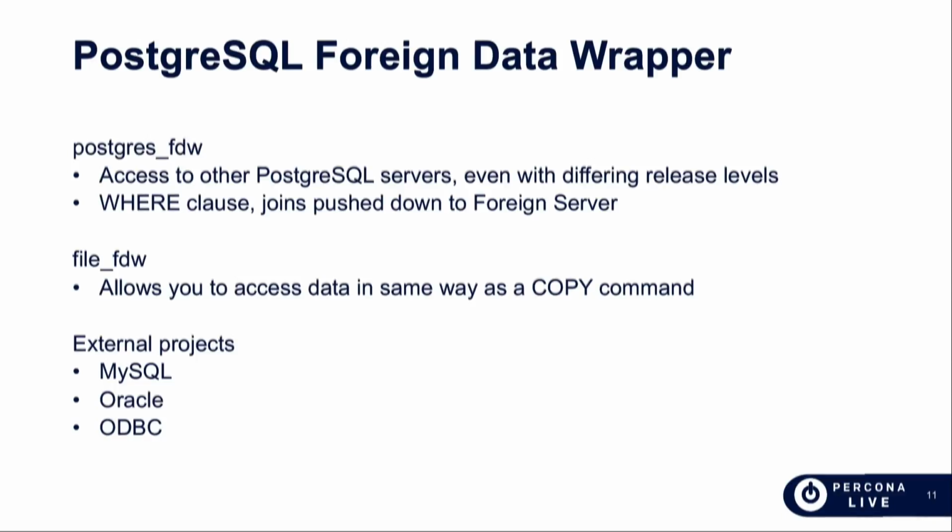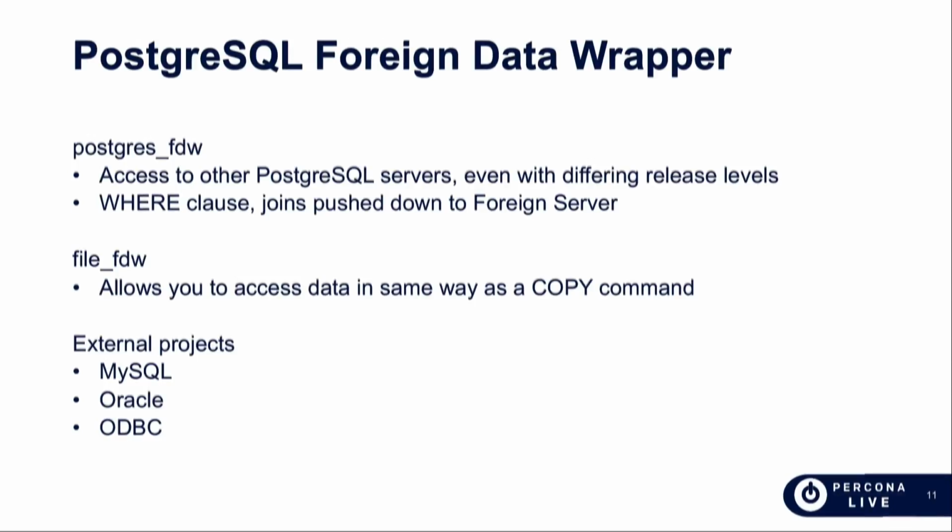Now, it doesn't actually need to be SQL, but what we do is we have a mechanism where we provide the where clause and various other components of the query, and that can be translated in a module called the foreign data wrapper, and it can be translated into other SQL.